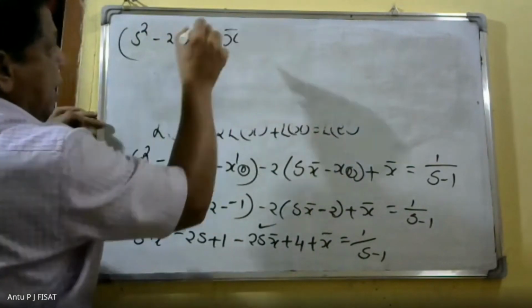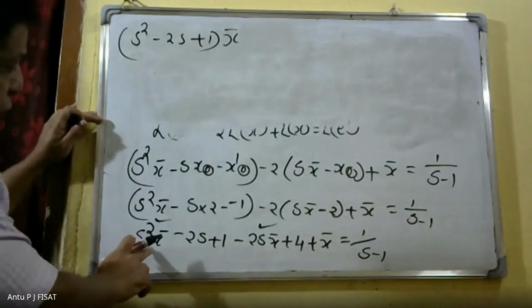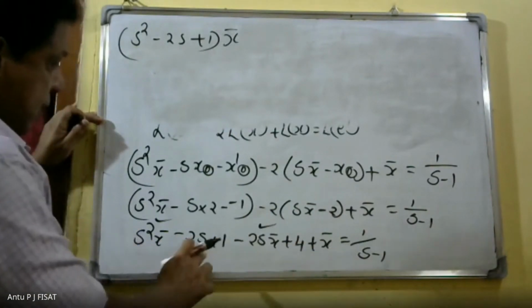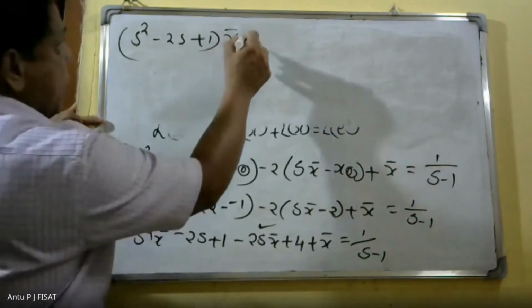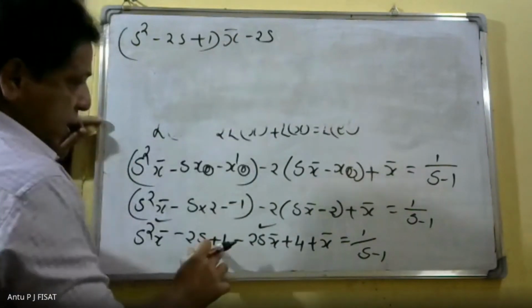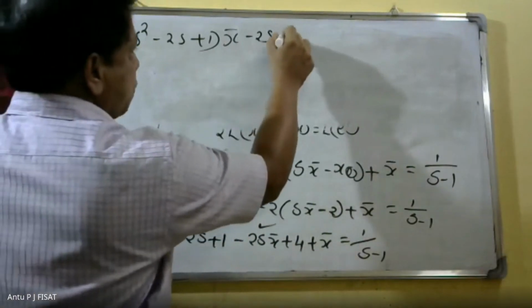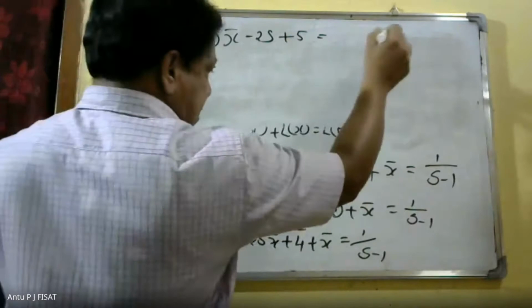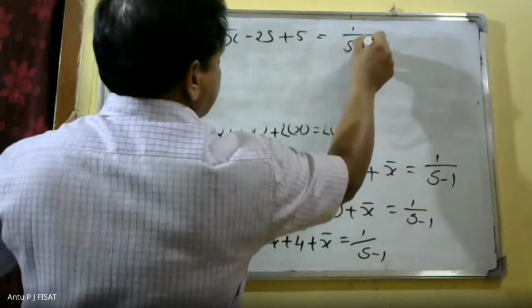X bar term taken outside. Therefore, s square x bar minus 2s into x bar plus x bar. Then the remaining term minus 2s, then plus 1 plus 4, that is plus 5, then that is equal to 1 by s minus 1.